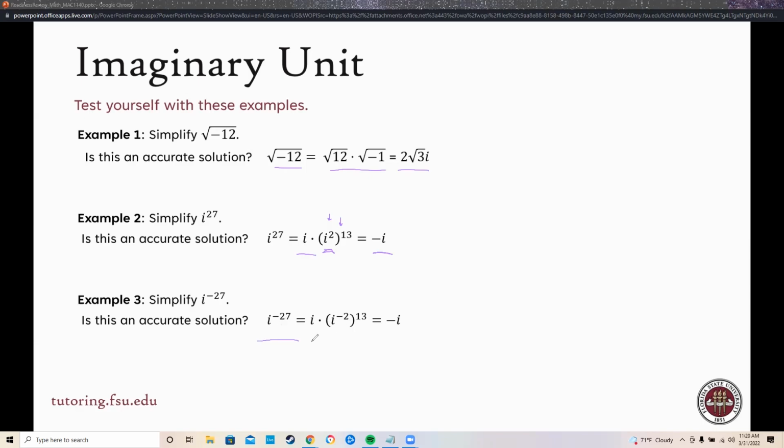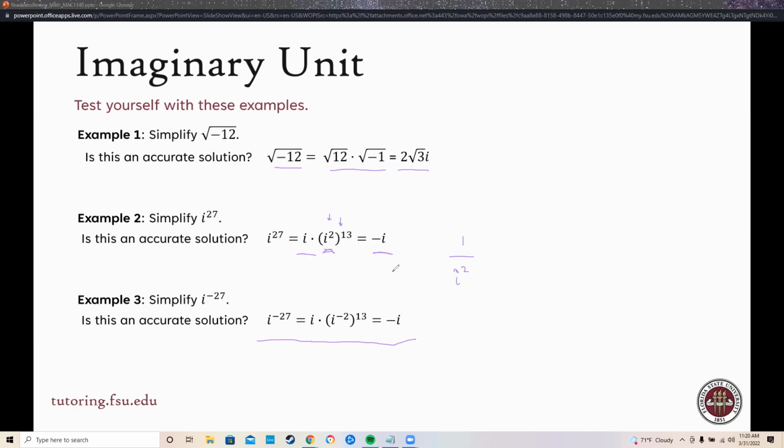Example 3 is nearly identical in the process. The only difference is that i to the -2 is not necessarily... actually, no, I think it would still be -1 because we would have 1 over i squared.